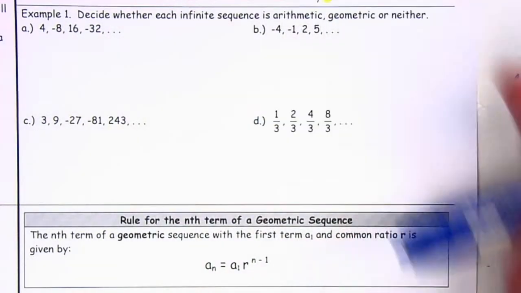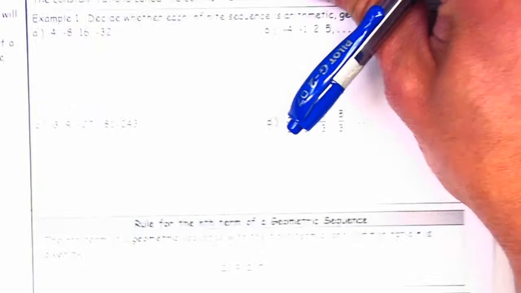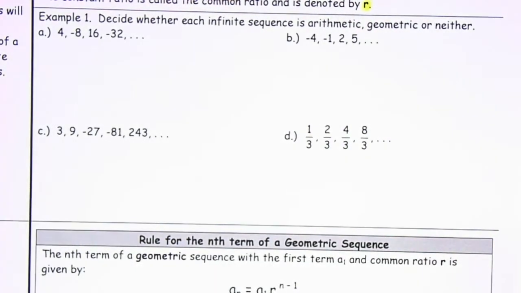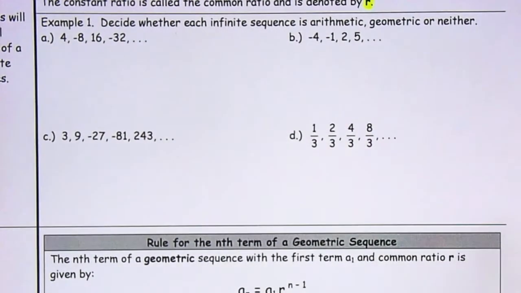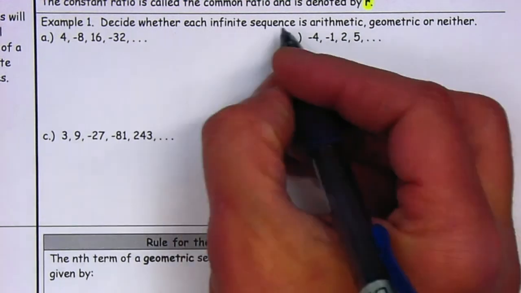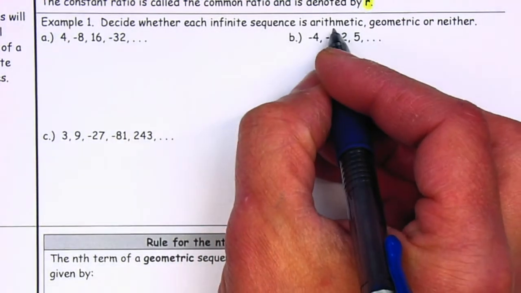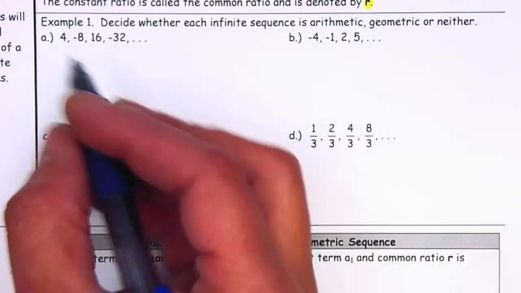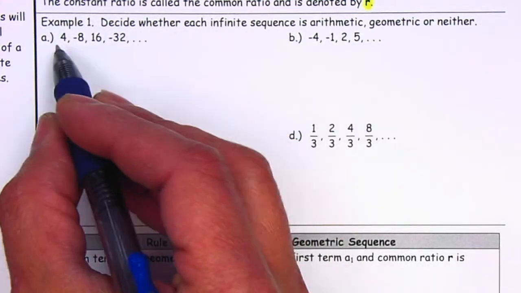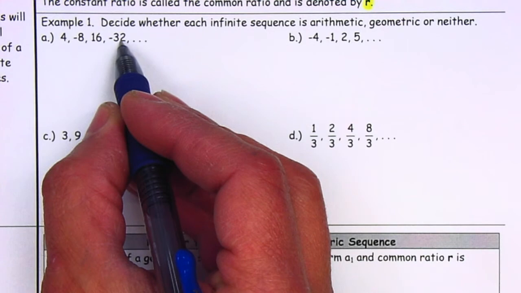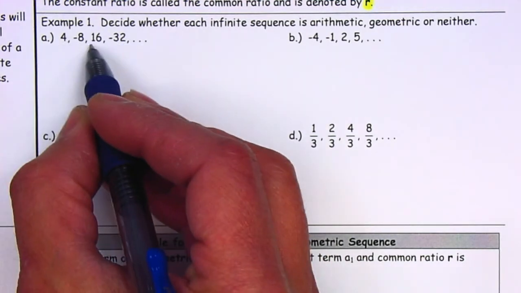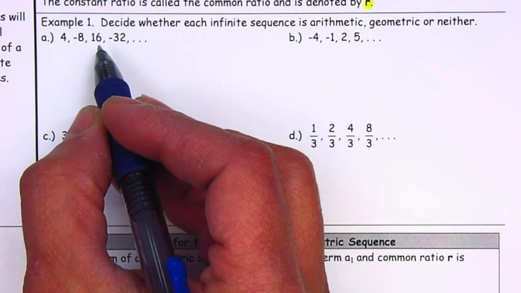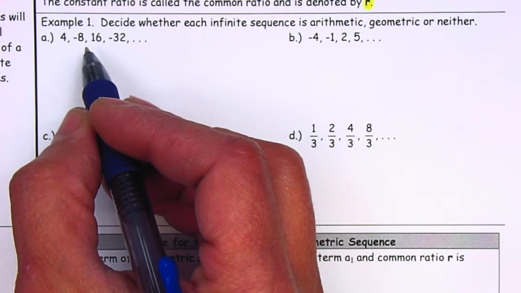In example number 1, we need to decide if the infinite sequence is arithmetic, geometric, or neither. Remember, arithmetic means that the difference has to be the same throughout. And if you notice, you should be able to tell right away whether it's an arithmetic sequence or not.